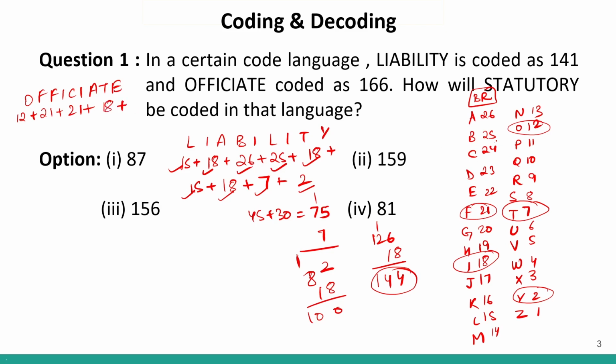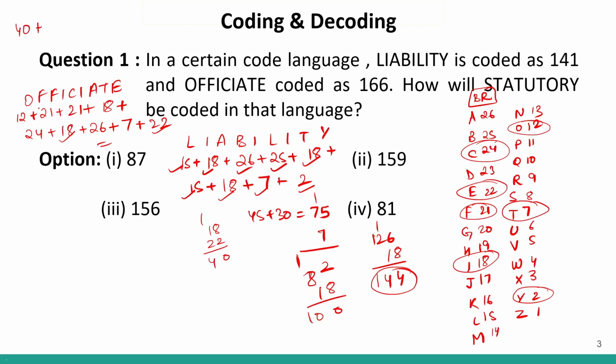C is 24, then again 18, then 26, then T is 7, and then E is how much? E is 22. So if I find the sum of 18 and 22, this is 40, correct?